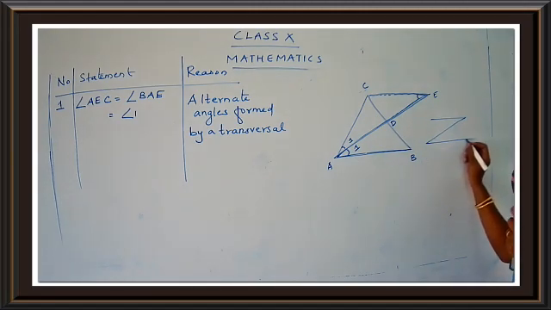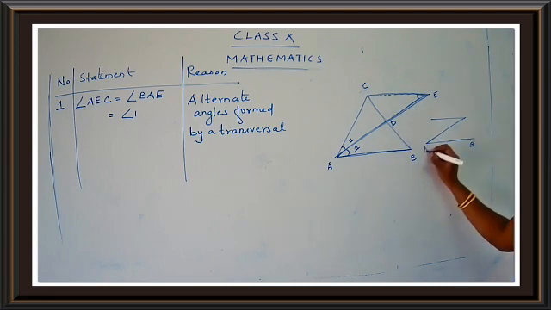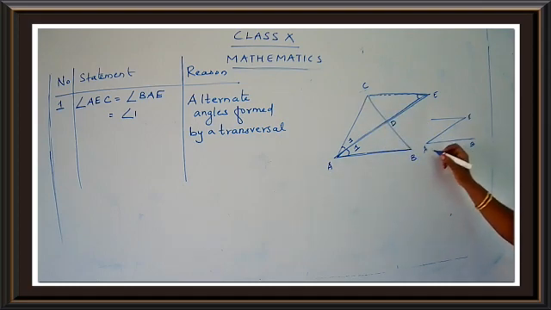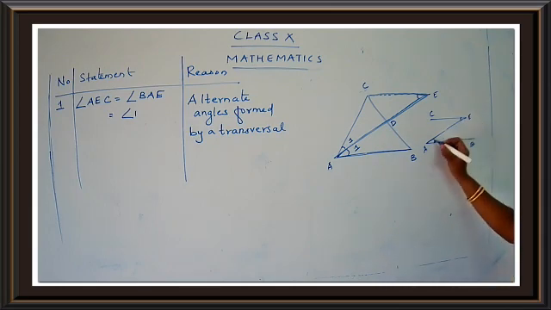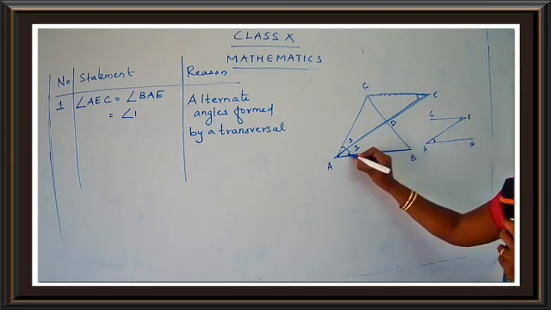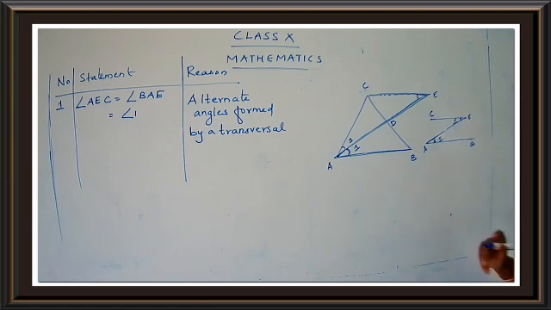This is B, A, E. And one more what we had, A, E, C. So when you take this angle, you have a Z shape. And when you talk about a Z shape, that is alternate angles. We know they are alternate angles, and we know the angles are equal. So I have already got an angle over here as 1. So if this is 1, what will be the value over here? It will be 1 because they are alternate angles. They are forming a Z shape.